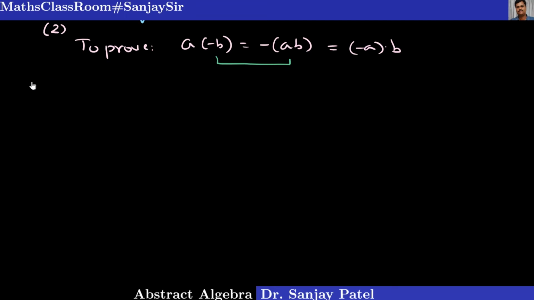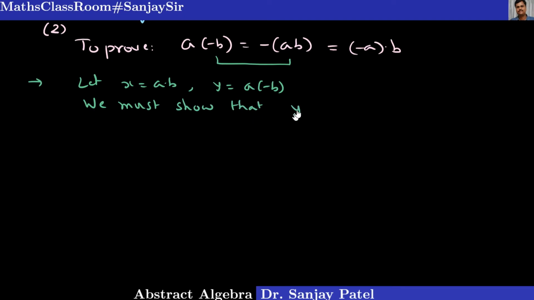For that, we consider X equal to A into B, and I'll put Y equal to A into minus B. Then we must show that this Y is equal to minus X. That is, Y is the negative element of X, and for that, you should prove that X plus Y is equal to 0. So we consider X plus Y.